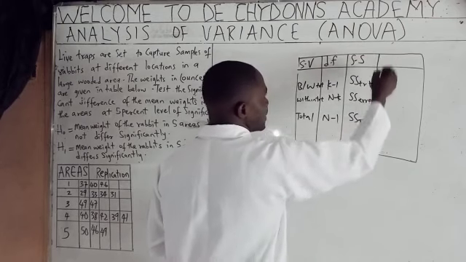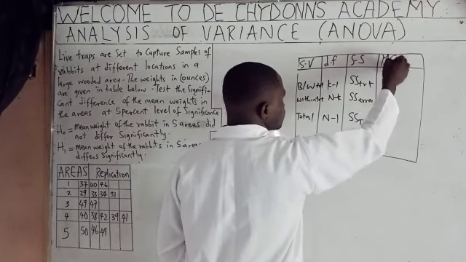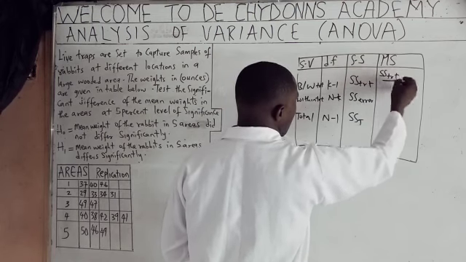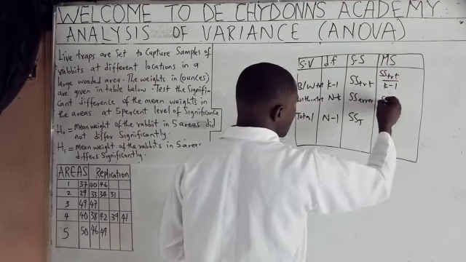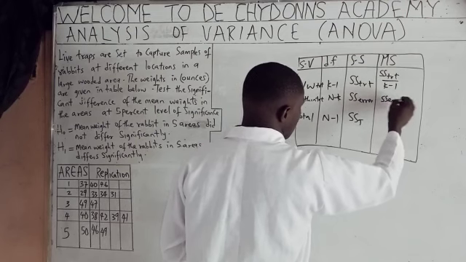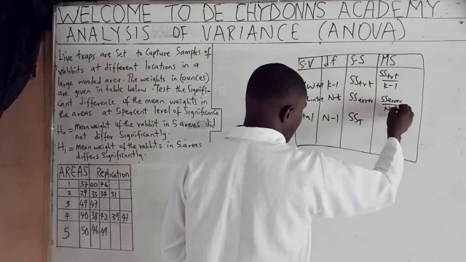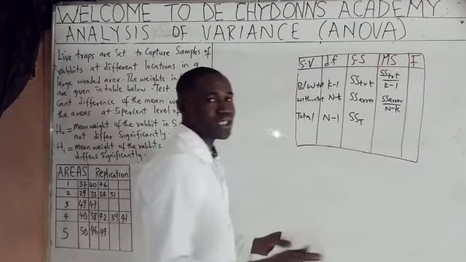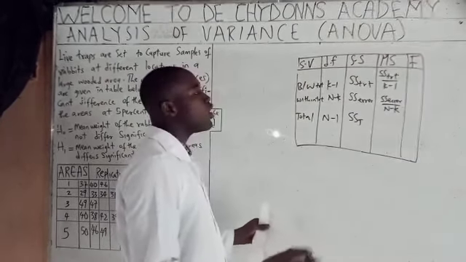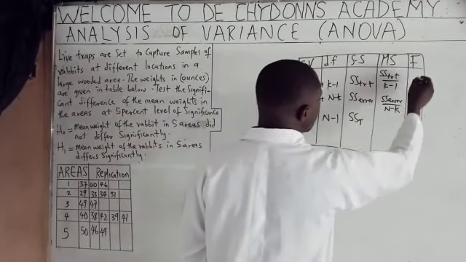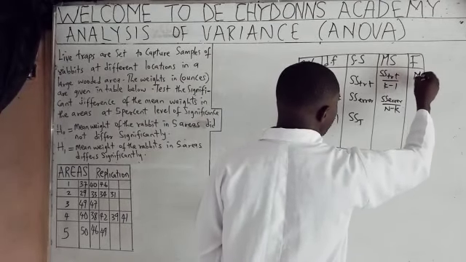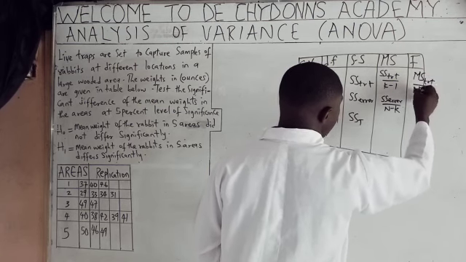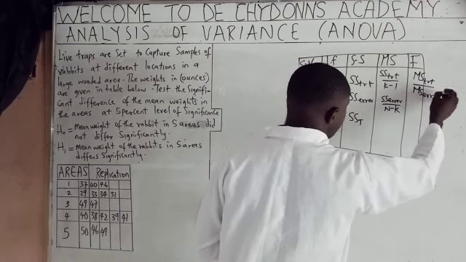Then the next one will be mean of squares, where you say SS treatment all over K minus 1, SS error all over M minus K. Then we have our F ratio, which is gotten from a man called Fisher. F ratio is MS treatment all over MS error.